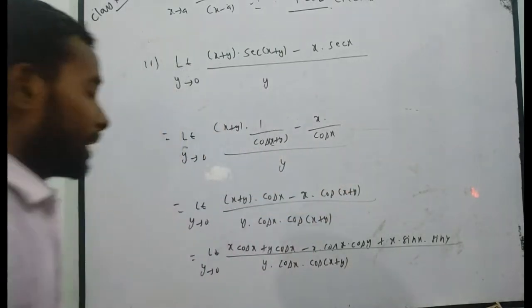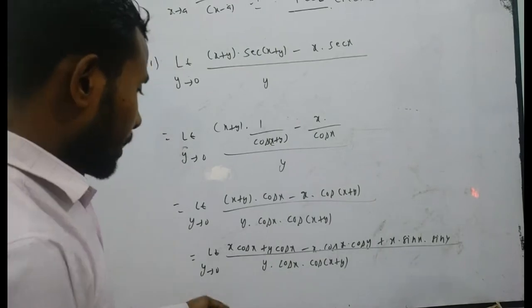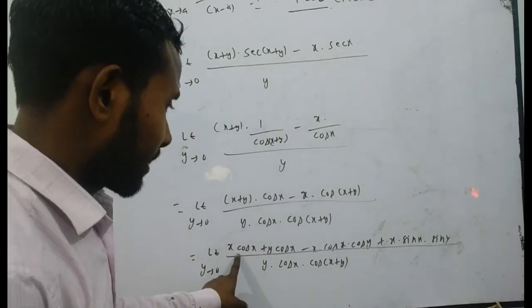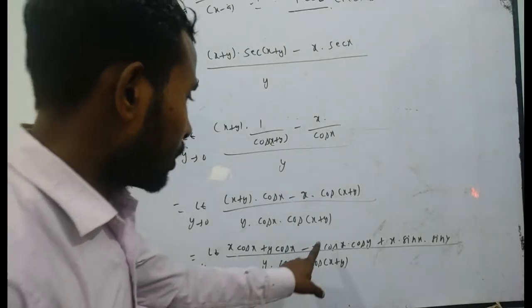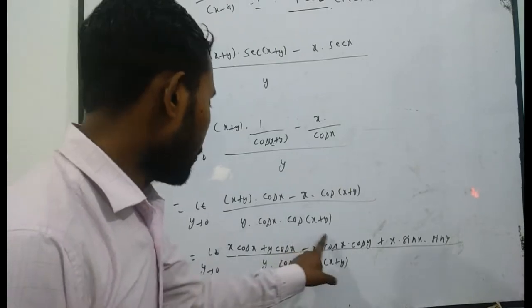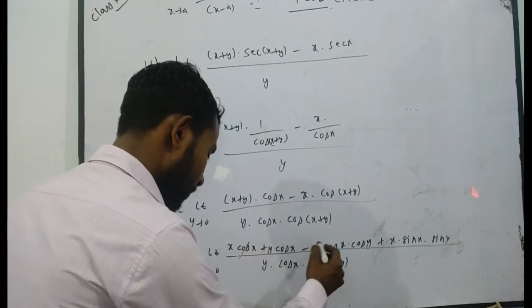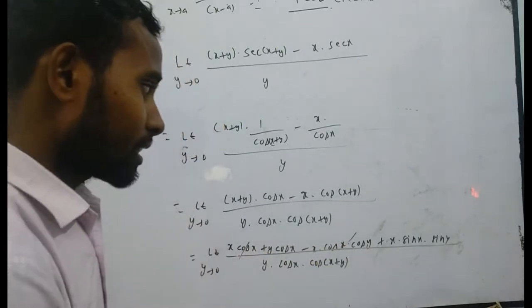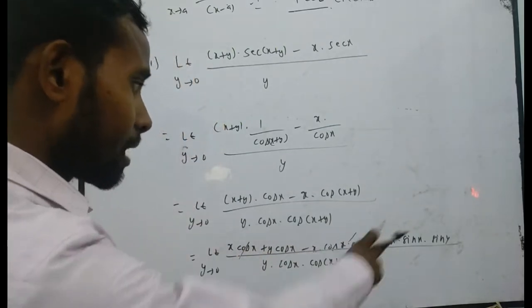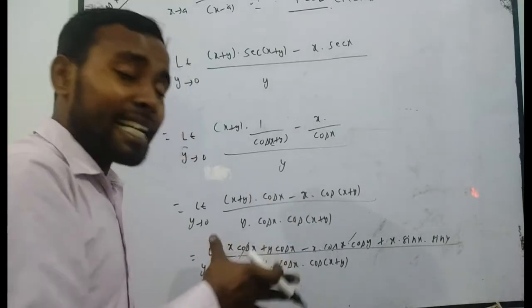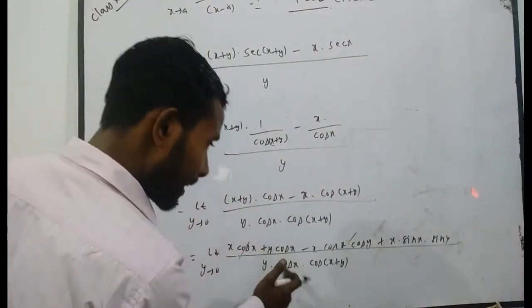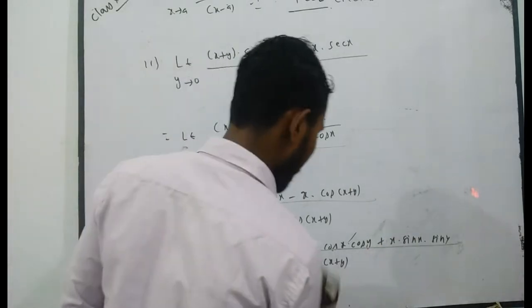Have you understood? Now x into cos x and x into cos x are also available. If you put y equal to 0, both terms will be cancelled, so you can cancel this term easily. Now separate the remaining terms.